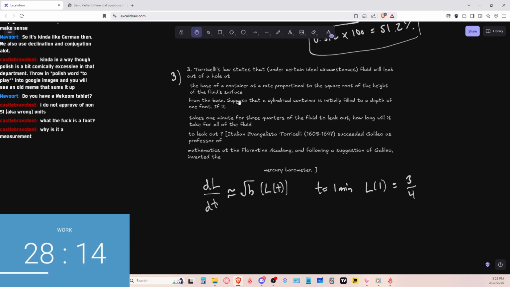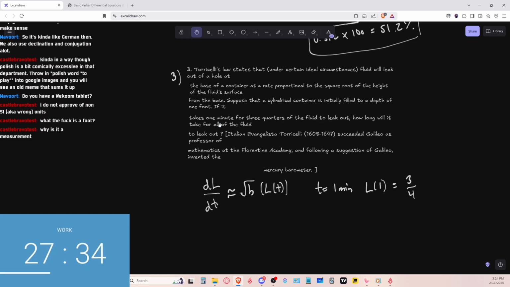Suppose the cylindrical container is initially filled to the depth of 1 foot. So does that mean the height is 1 foot? Takes 1 minute for three quarters. I think so. So if it's the square root of 1, then that means it's just 1.